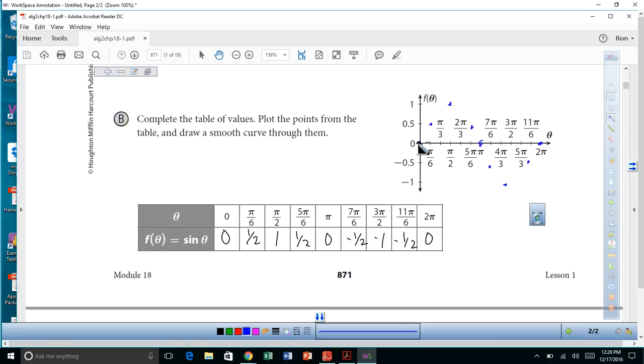All right, so it's going to look something like this right here. And there we go. That's the graph.